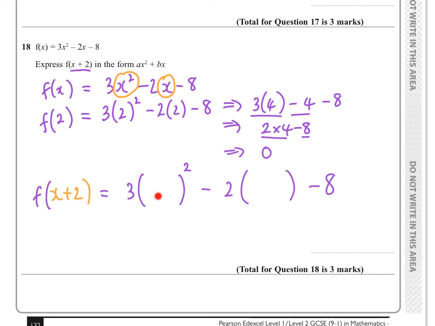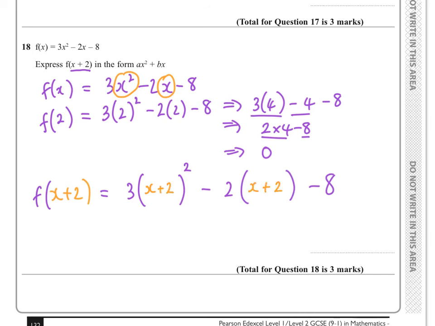So back to here again, I'd have 3 lots of something squared minus 2 lots of the same thing minus 8. So if it was f of x, I'd have 3 lots of x squared minus 2 lots of x minus 8. Here though, wherever I see x, I've got to put x plus 2 in its place. So I can do that now.